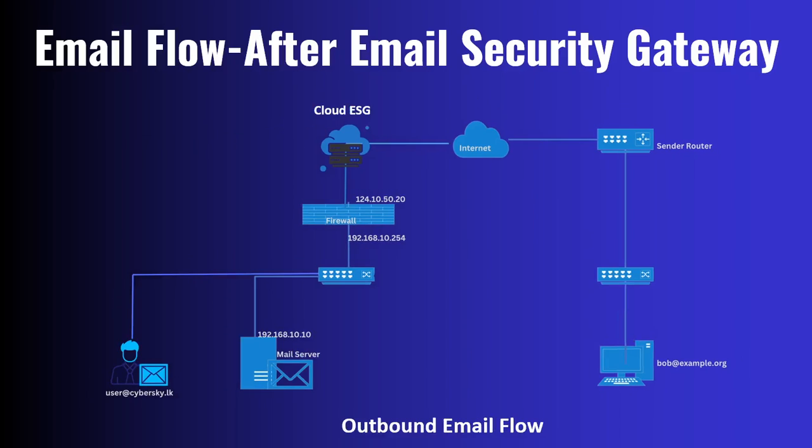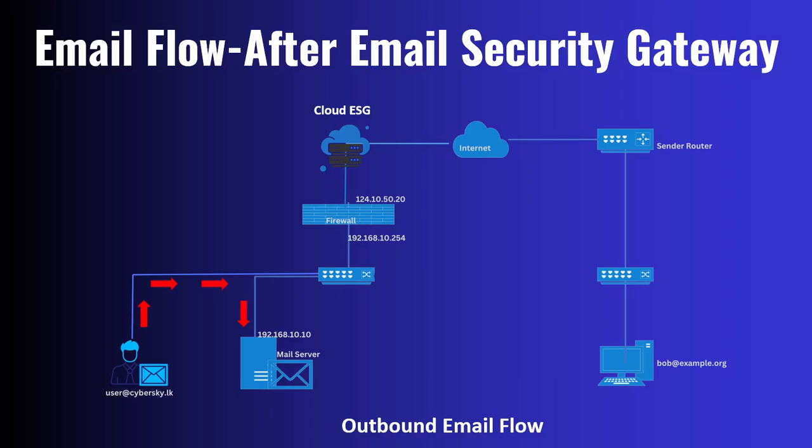If you talk about the outbound mail flow, one thing you need to remember is to update the SPF record of your domain. When a user at cybersky.lk composes a message to something like bob@example.org, the message goes into the mail server, where you have configured the outbound connector.